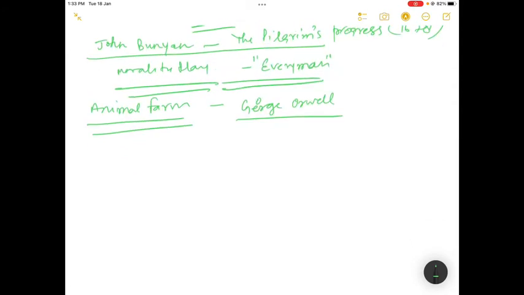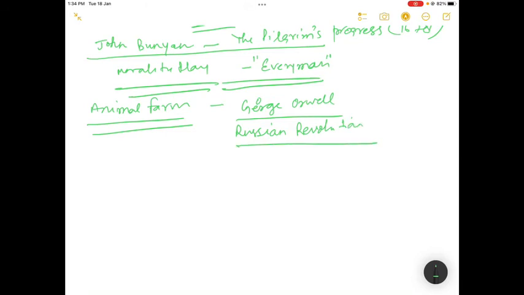The surface story is about a group of farm animals who rise up, kick out the humans, and try to run the farm themselves. This is actually the surface story. It's about Animal Farm. The hidden story is about the Russian Revolution. And this is actually the message to be communicated by the novelist.